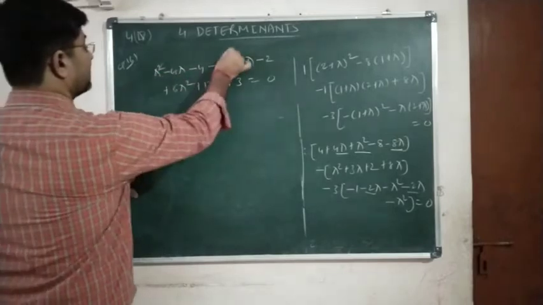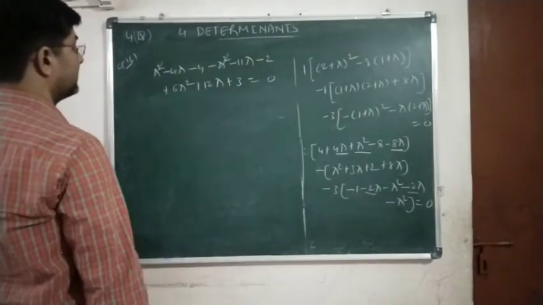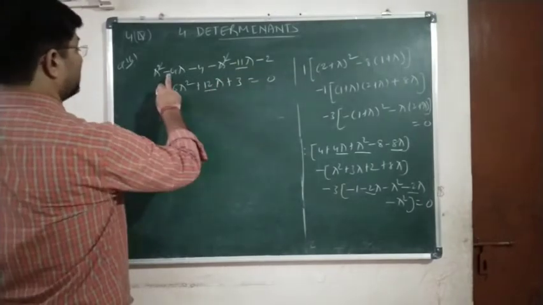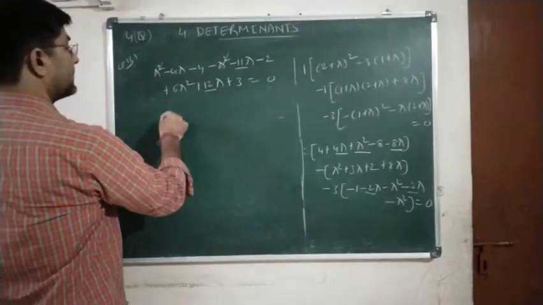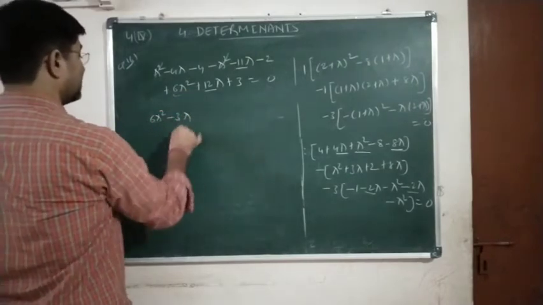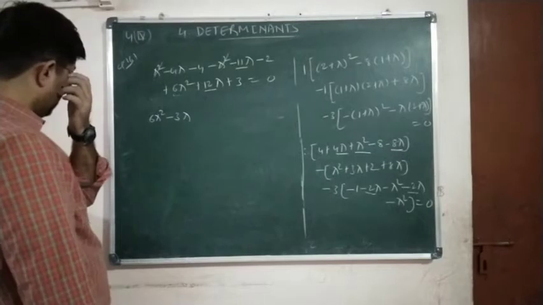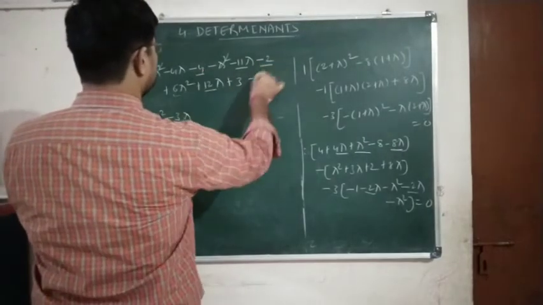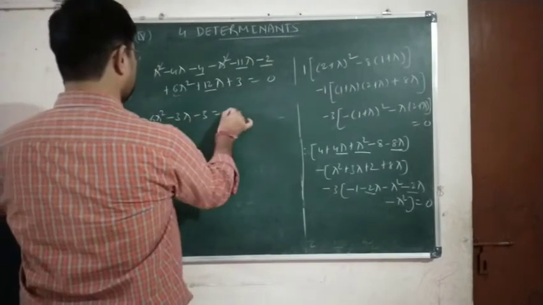So plus lambda square minus lambda square will get cancelled. We have 6 lambda square minus 3 lambda, and constant terms are minus 6 plus 3, so minus 3 equals 0.